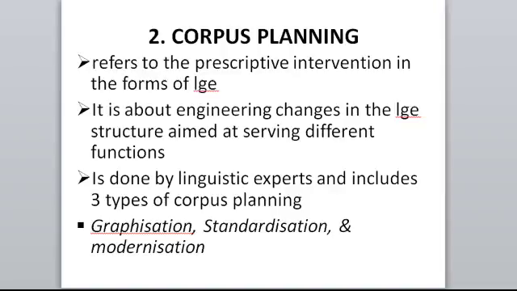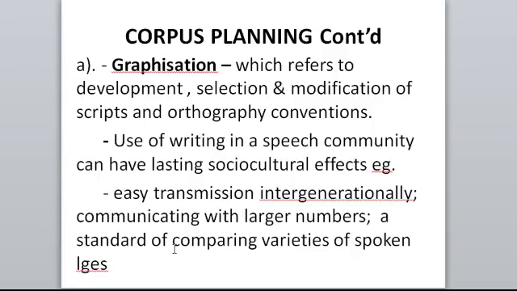The three types of corpus planning are graphization, standardization, and modernization. Let us proceed in our discussion by looking at each one of these three. The first one is graphization.